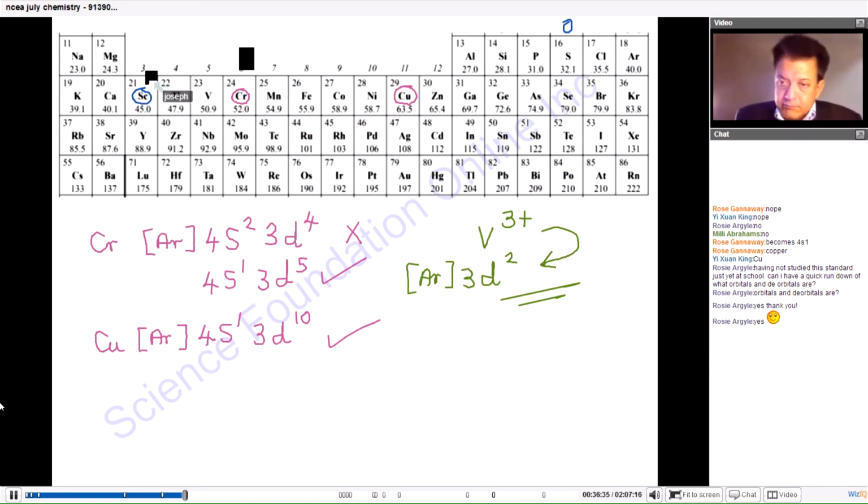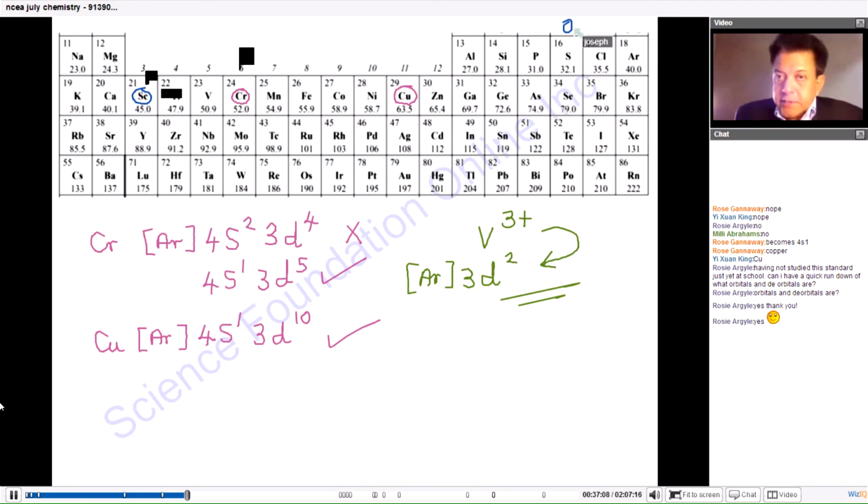Then you could say something more. In the case of oxygen, the outer shell electrons are much closer to the nucleus. It's way up there.